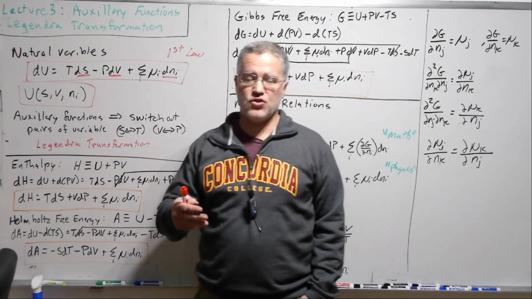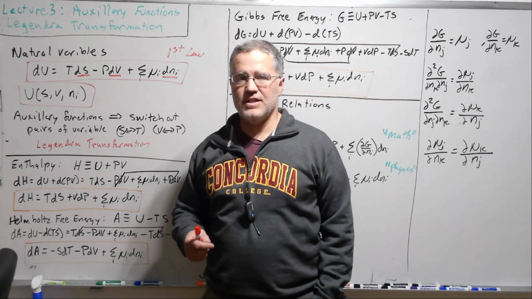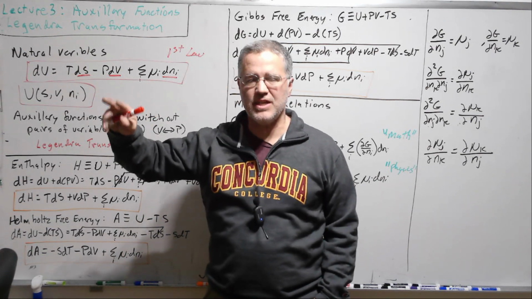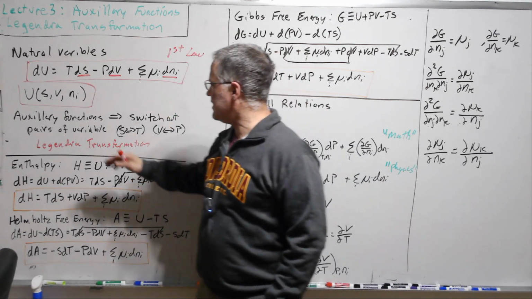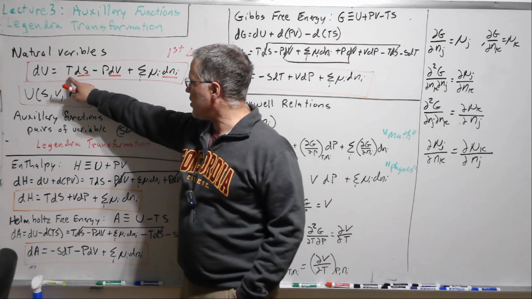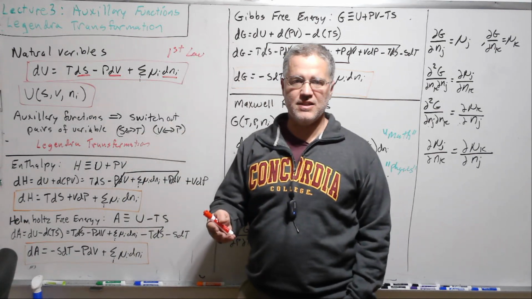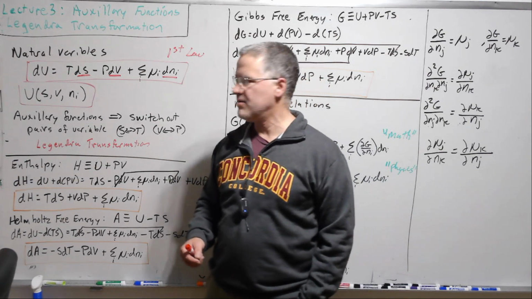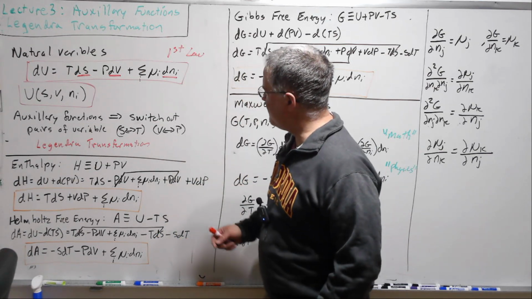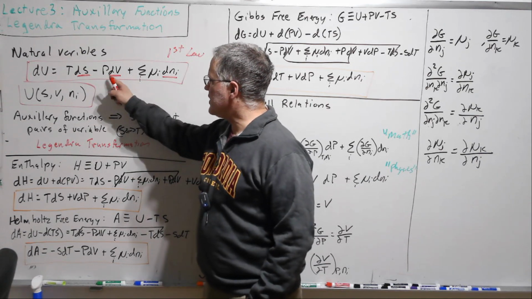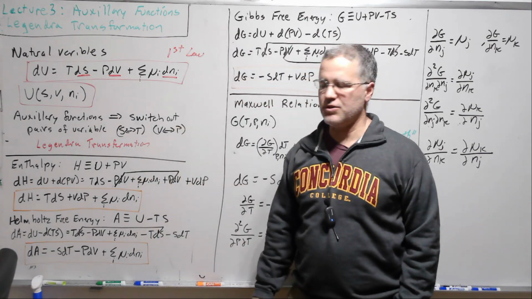That's difficult to control in the lab. We can't go out and purchase an entropy meter. So we might want to switch that out for its partner, temperature. Very easy to control temperature, and of course they have something called a thermometer to measure temperature. So we might want to exchange entropy for temperature, and likewise pressure for volume.